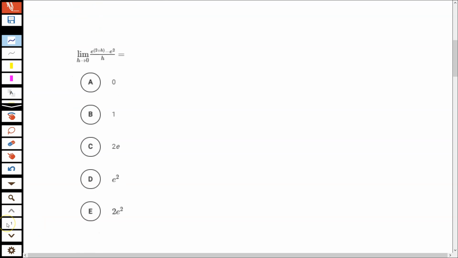Next one, you might initially be thinking, uh-oh, this looks like a limit we don't know how to evaluate. But actually, this is just the limit as h goes to 0 of f of x plus h minus f of x over h, for f of x equals e to the x.